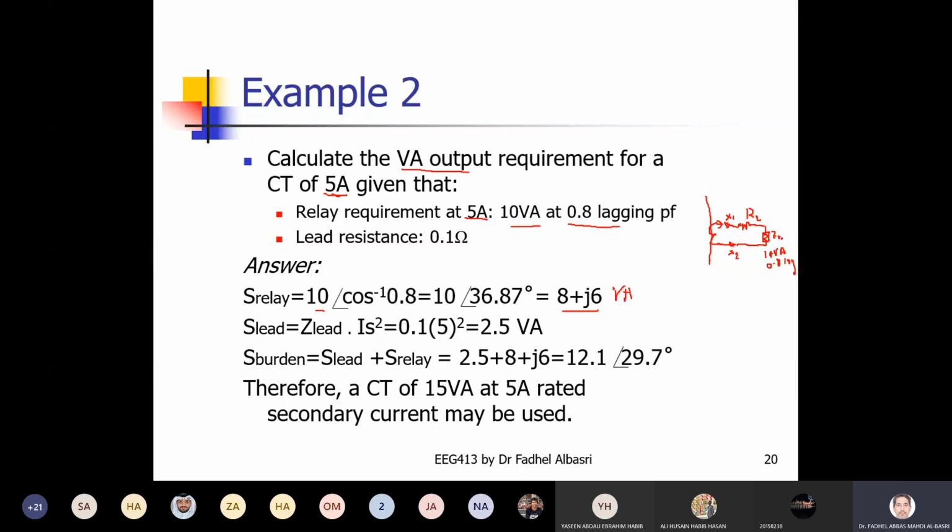So instead of ZR, I have SR, I'll call this relay SR. Similarly for the lead, it's just a pure resistance, so the volt ampere is just I secondary squared times the Z of the lead, which gives me the S of the lead.